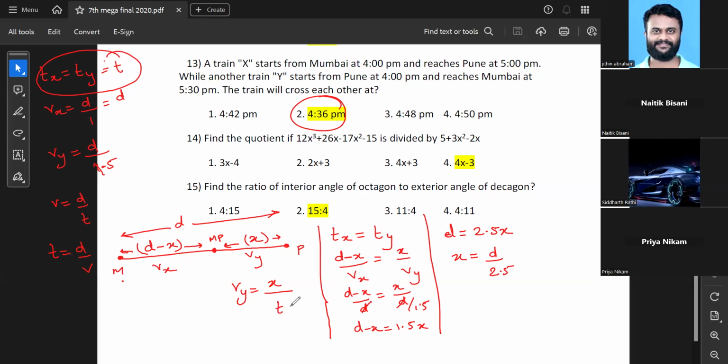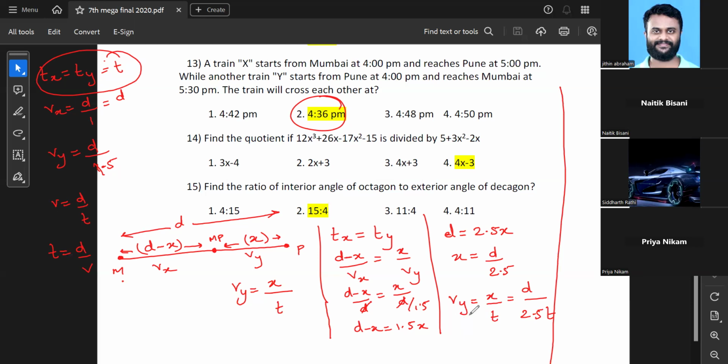How much ever time is taken. Do you agree with this? Yes, sir. Speed is equal to distance upon time. Okay, I'll use the same formula over here. Vy is equal to its distance upon its time. Now its distance is x, in place of which I'll substitute d by 2.5, multiplied by t. So far so clear?